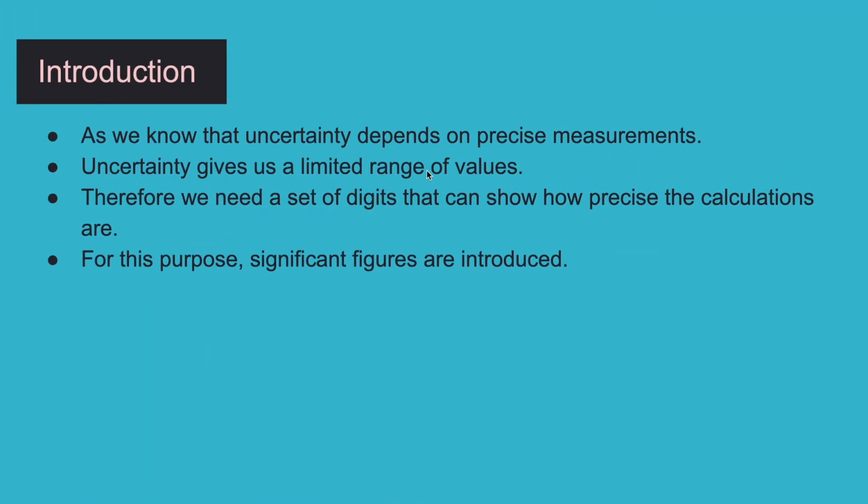Well, starting off with the introduction, you know that uncertainty depends on precise measurements, and uncertainty gives us a limited range of values. So if you haven't watched my previous video, you know that uncertainty looks like this when written in mathematical form.